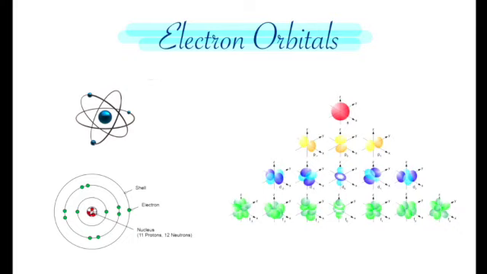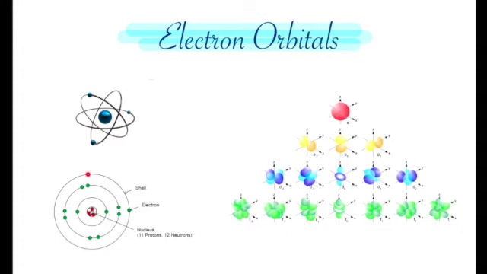Today's lesson, I'm going to be going over electron orbitals. A lot of times whenever you hear about atoms or see images of atoms, you're going to see something similar to this here. That doesn't really depict clearly where the electrons are orbiting within the atom.